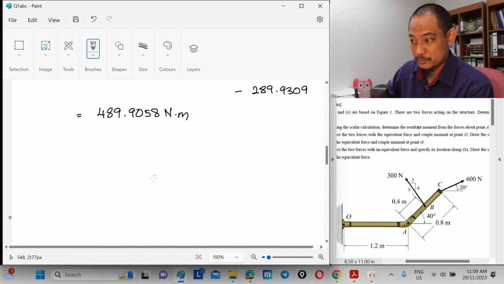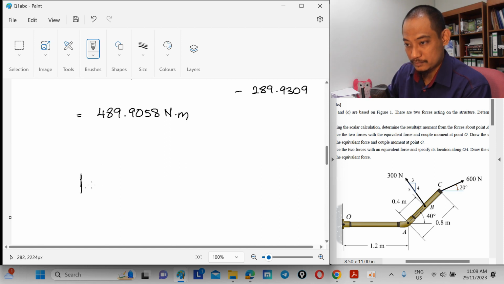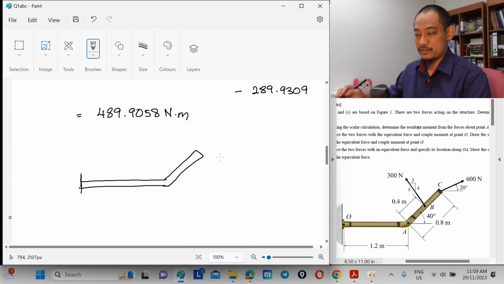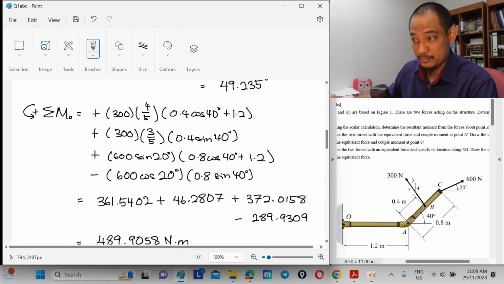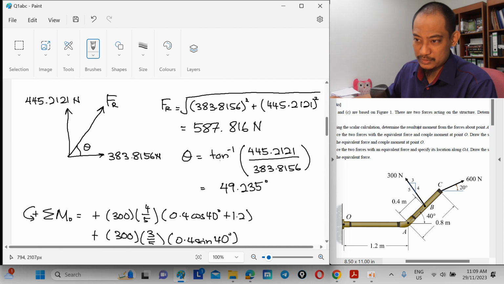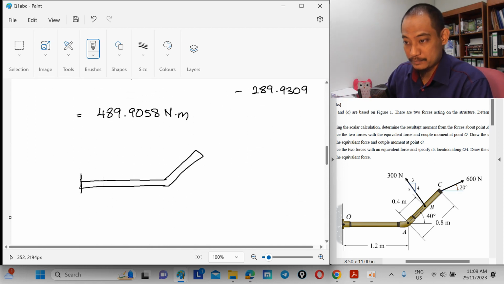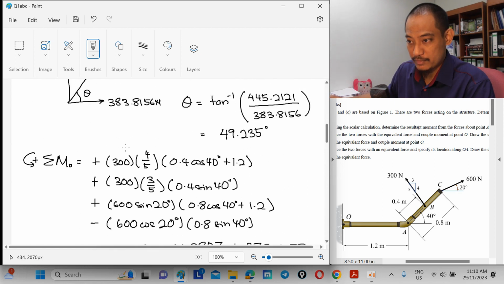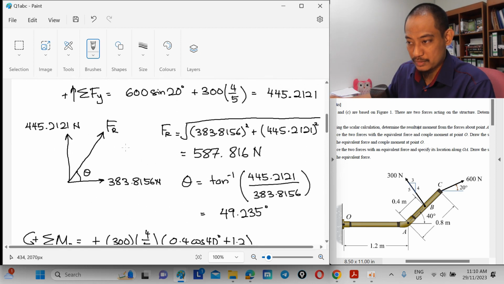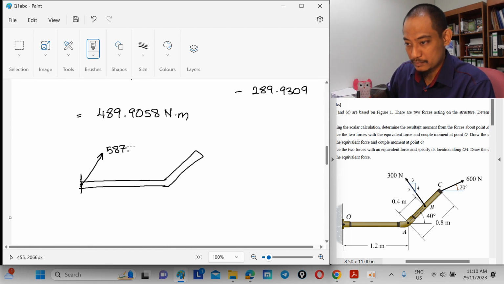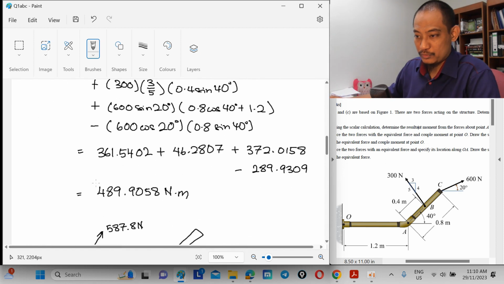Okay, so we have to draw. So we have the whole thing. And then what we have done is replacing it with the equivalent force and couple moment, right? So force is 587.8 Newton in that direction at point O, and then the angle is 49.2.